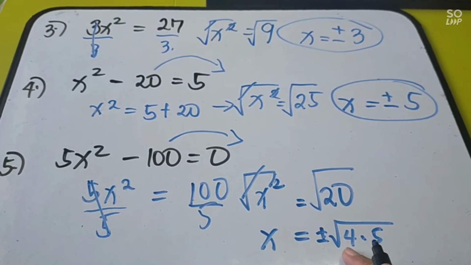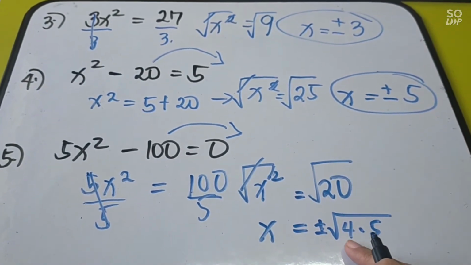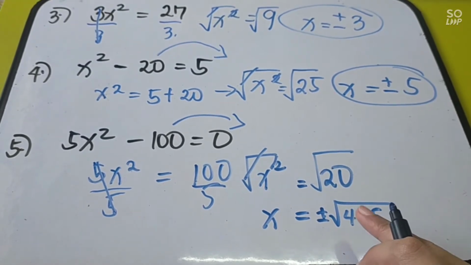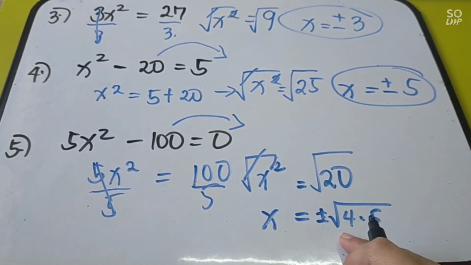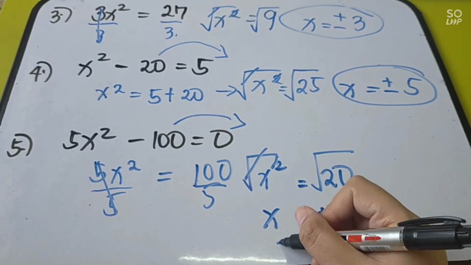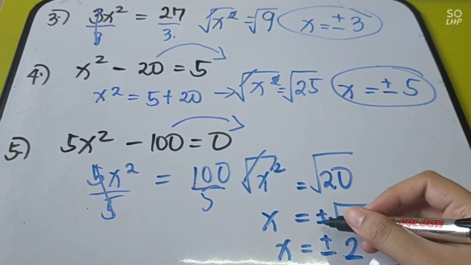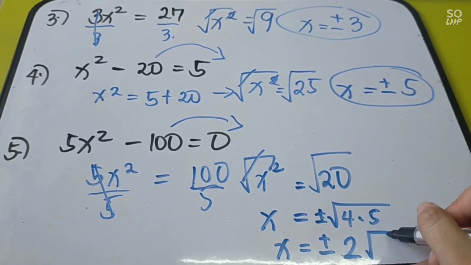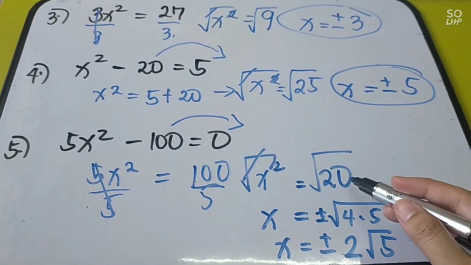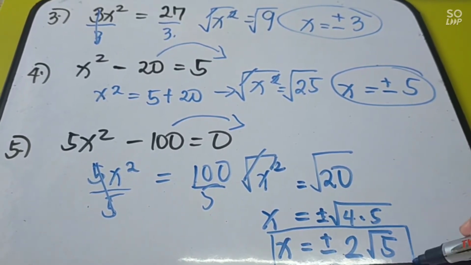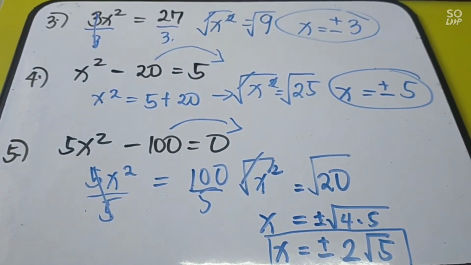Pag minultiply mo 4 times 5, the answer is 20 and 4 is a perfect square. So, may simplify natin si 4. Square root ng 4, we have here 2. Yung 2 labas mo. So, x is equal to positive and negative 2, then maiwan si 5, square root of 5. So, ang square root ni 20 ay positive and negative 2 square root of 5. We're done. Is it clear?